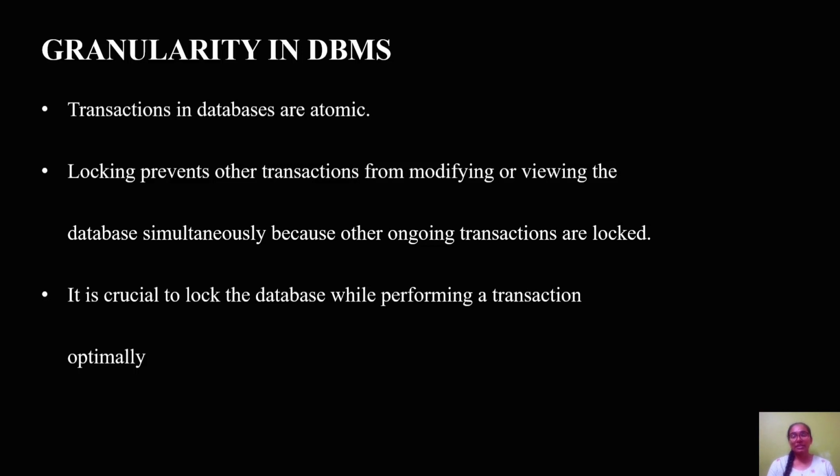Locking prevents other transactions from modifying or viewing the database simultaneously because other ongoing transactions are locked. It is very important to lock the database while performing a transaction optimally. Locking an entire database unnecessarily can cause loss of concurrency.